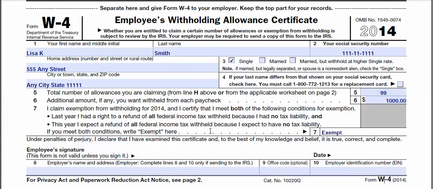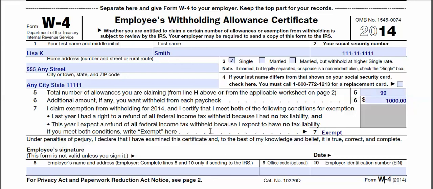If your allowances in box number 5 are not clearly written, they would have to withhold at single zero. So make sure that your 3 doesn't look like an 8, or a 7 doesn't look like a 2 because you put a line through it, or something like that. Make sure it's very clear.